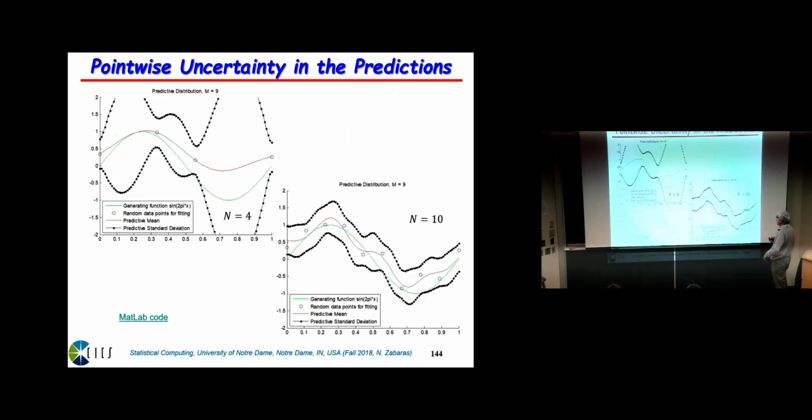If you keep adding more points, you get error bars for the predicted distribution that look like that. This is the generating function for the data, and this is the posterior mean for the predicted distribution. The results when you do Gaussian processes look very much like that.